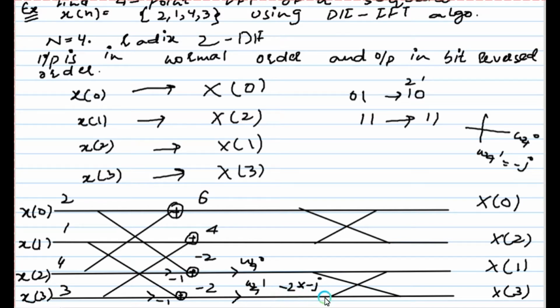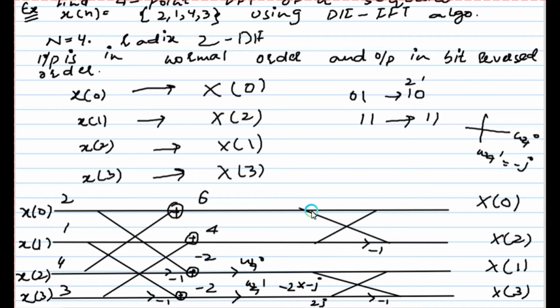So the input here will be 2J. I have 6 here as input, 4 here as input, then minus 2 here, and then 2J here. Again we will have minus 1 here and minus 1 here.